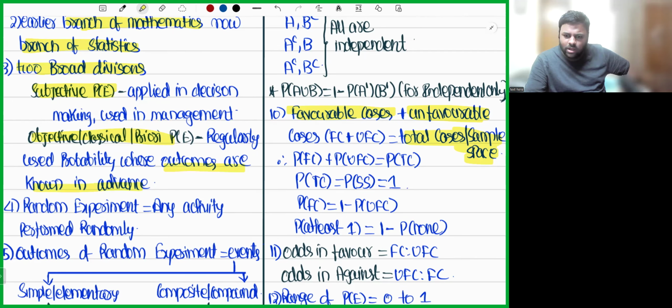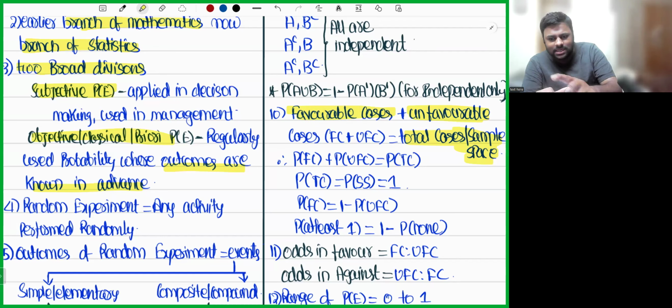When you're tossing 3 coins, even then you know what the outcomes are. Those are called objective probabilities. Objective or classical or a priori probability is the probability we'll do in our syllabus. Here, my dear friends, we know the outcome in advance. Okay, that's called objective, classical, or a priori probability. I hope the concept is clear.